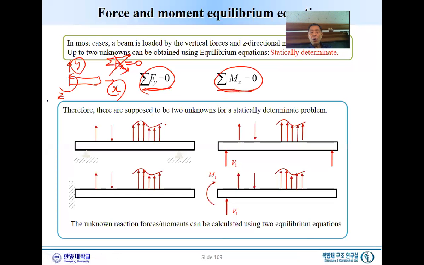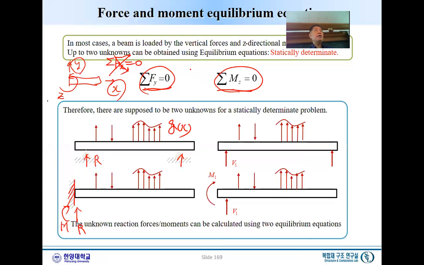So we have all the forces, these forces qx, and sometimes concentrated loads. Sometimes we have a reaction force, and sometimes we have a reaction and moment. A simple support only has R, but clamped we have a moment and force.